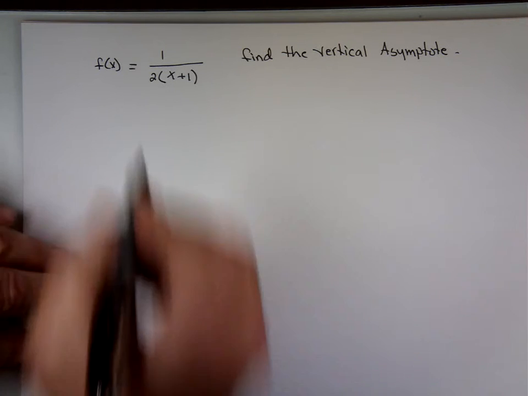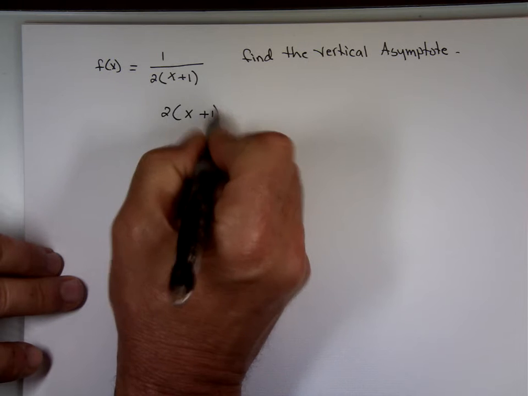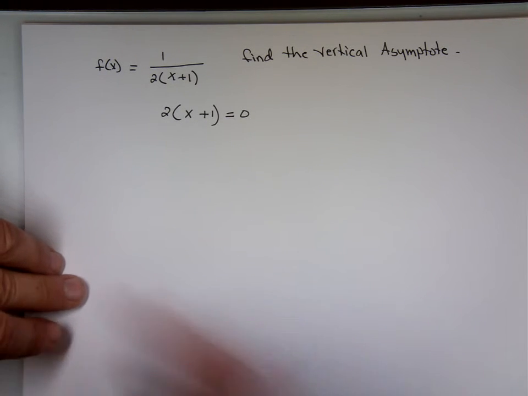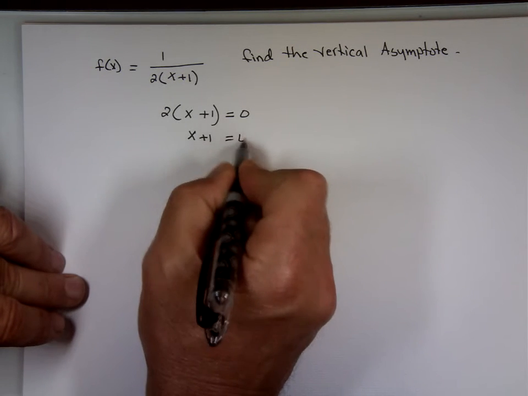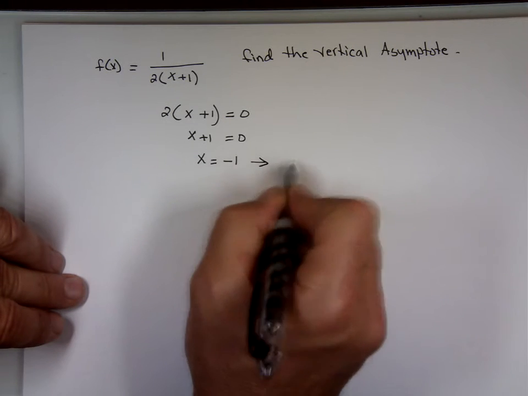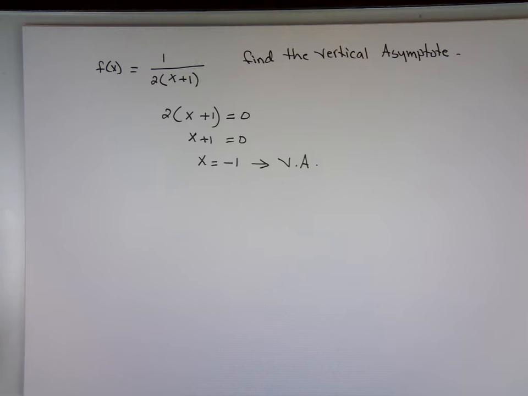So you take the bottom, set it equal to 0, divide both sides by 2. What's x equal to? Negative 1. That's your vertical asymptote. I bet you if I graph that, I will have a line that goes up and down at x equals minus 1.